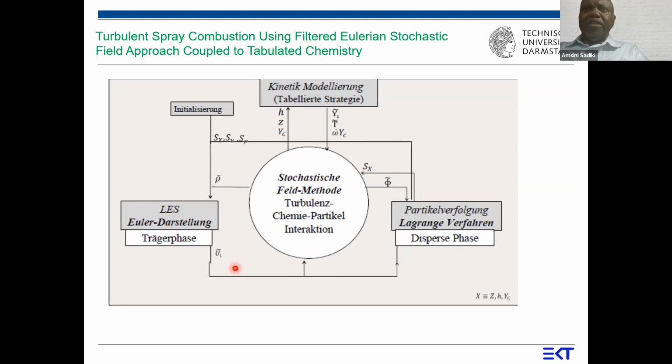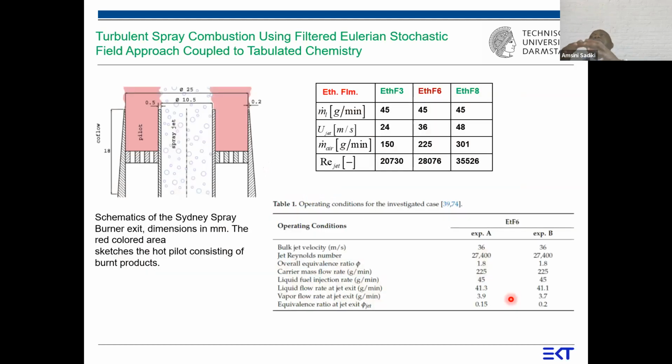The result we obtain here goes to the kinetics, the tabulated chemistry, and from the tabulated chemistry, we also obtain the filtered quantity, which is very nice in this way. Here, X is only the mixture fraction, the enthalpy, and the mass fraction. We have to extend it to the non-adiabatic case.